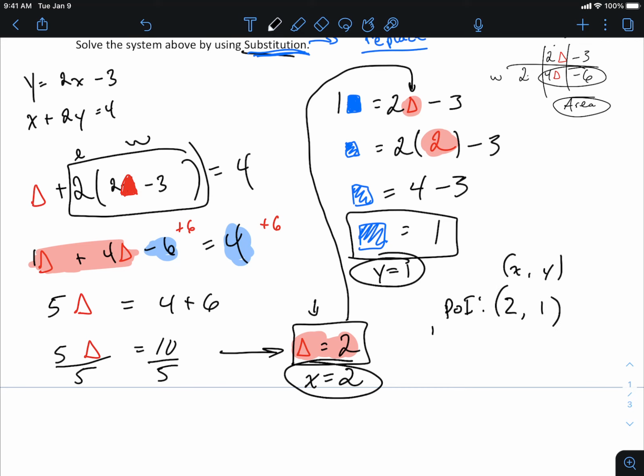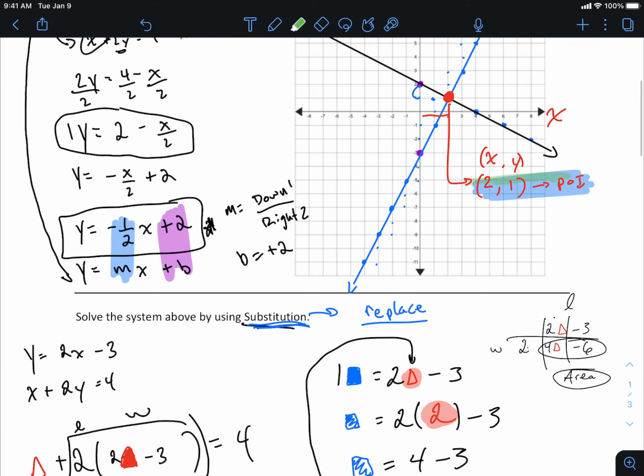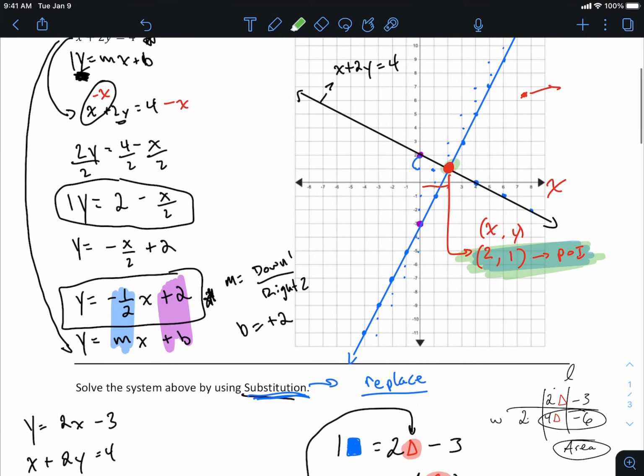Well, this looks oddly familiar. Where's that from? Well, if I look up at the graph, oh, look at that. That's where the 2 lines cross, right here, at the point of intersection. That's what it means, right?